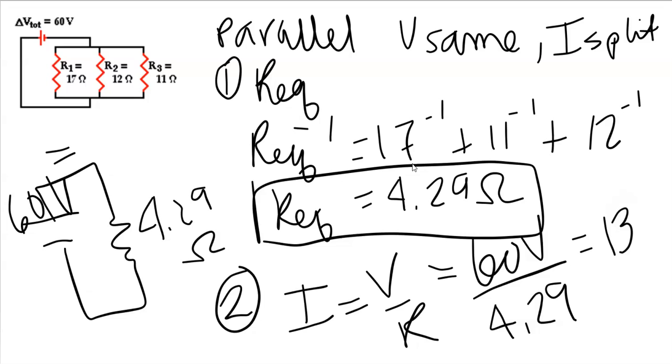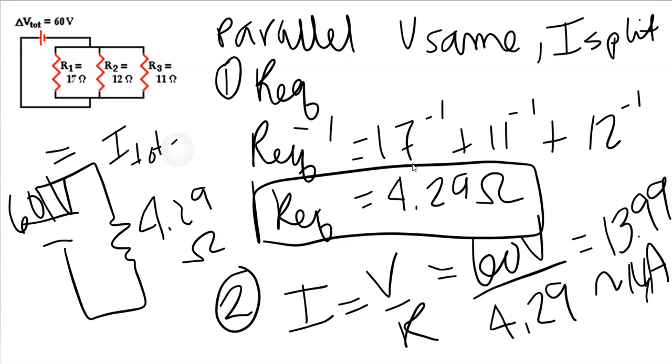It's 13.99, and we could basically round to 14 amps. So my I total was 14 amps. Those are the first two things you solve for when you solve these questions.